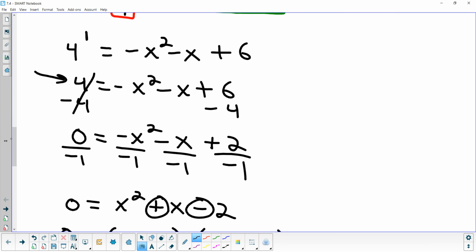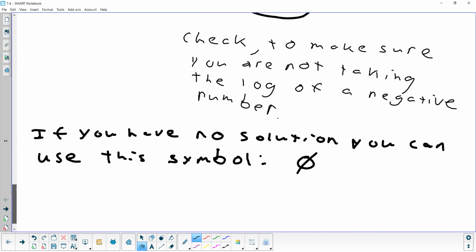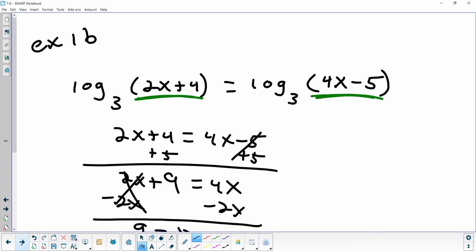Getting a variable by itself, factoring, solving equations, that's all stuff that you would have done. But that's about as complicated as a problem you would have. So if you can do that one, and you understand what we did, then you won't have anything more complicated than that on the test.